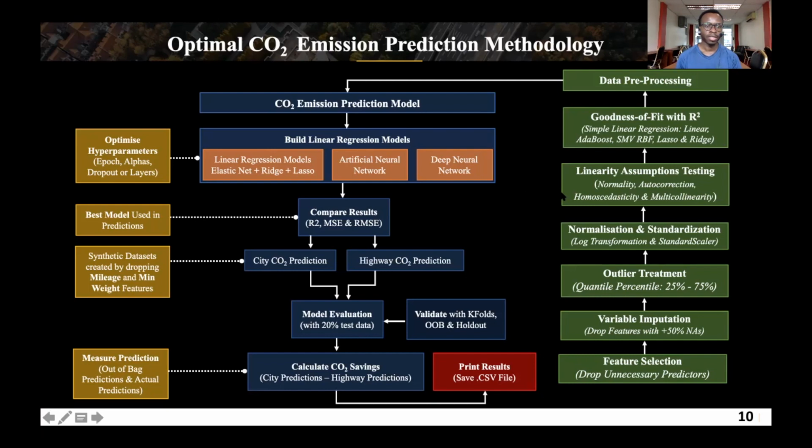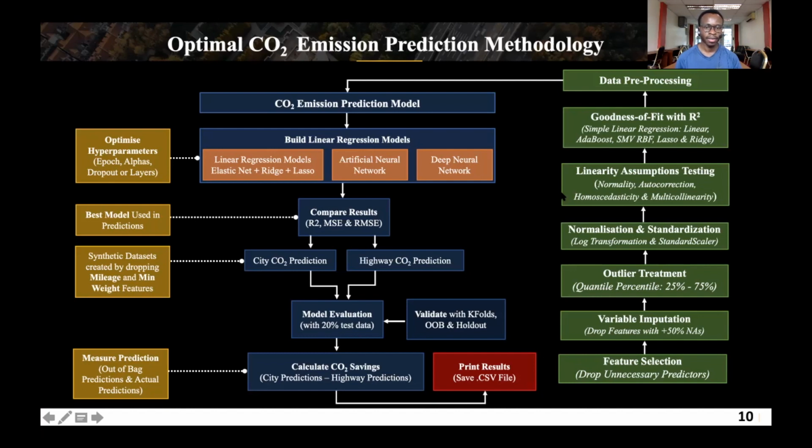These linear regression models have different penalization or loss functions with L1, L2, and with elastic net constituting both of these penalizations. An artificial neural network model was done, and a wider artificial neural network was done in the form of a deep neural network. As I alluded to earlier on, 3 different metrics were used to compare the models.